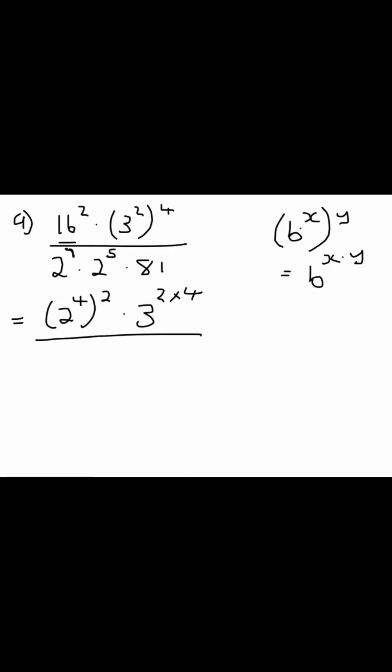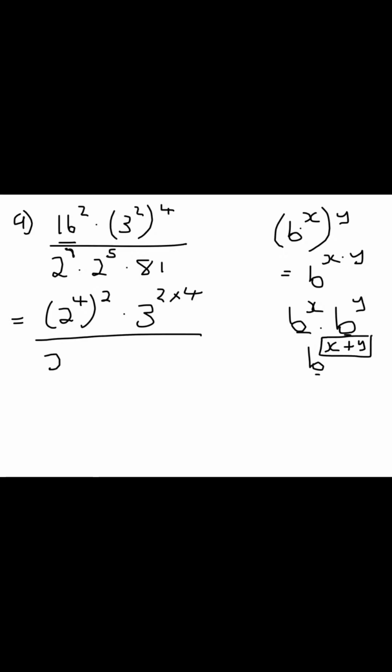Here it looks like already I have 2 and then 2 as the base. Why can't I apply the law which says if you have a base to the exponent of x multiplied by the same base to the exponent of y, you add their exponents? Instead of writing b and another b, write one b, and if those bases are multiplying each other, add their exponents.